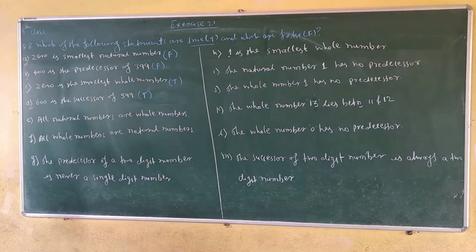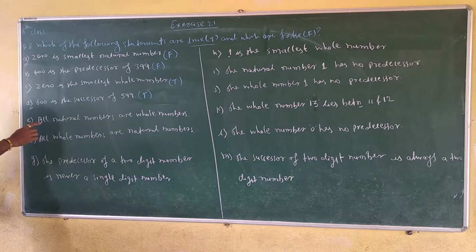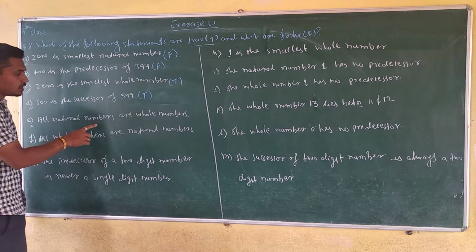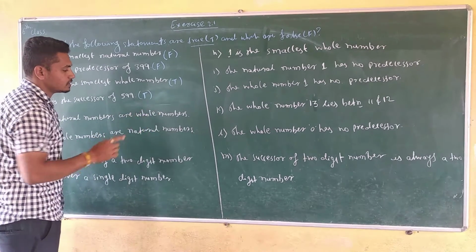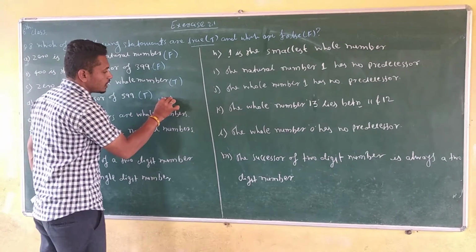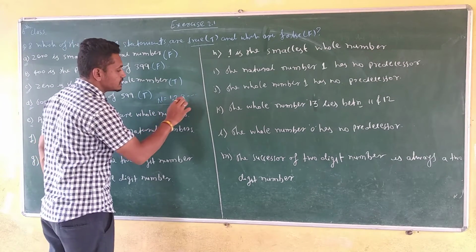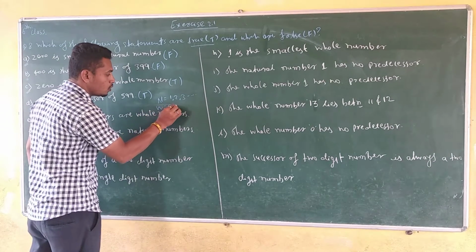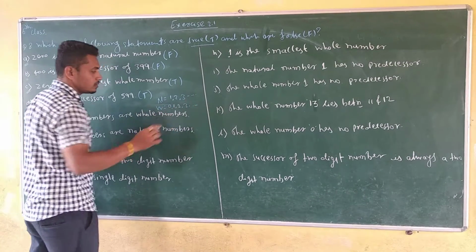Now see here, next: all natural numbers are whole numbers. These are the natural numbers: 1, 2, 3, and so on. And what are the whole numbers? 0, 1, 2, 3, and so on.